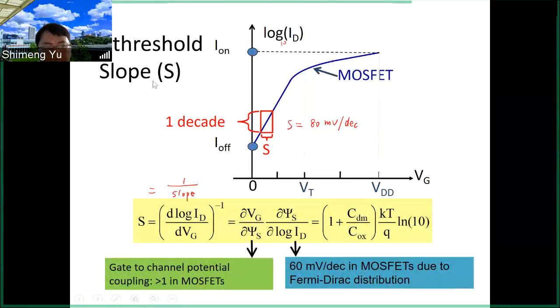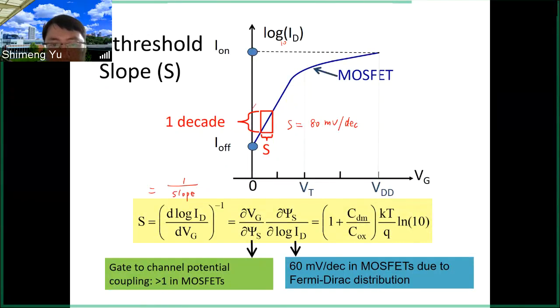So why is this subthreshold slope important? Because it will determine a few parameters. So think about that. You have another transistor technology, maybe offered by another foundry, right?